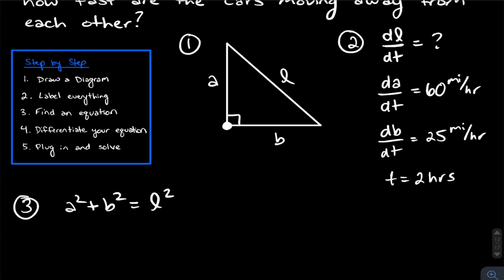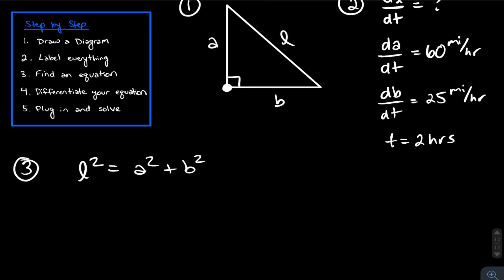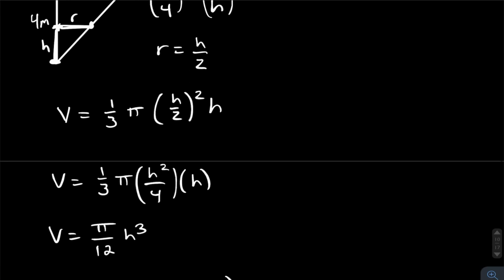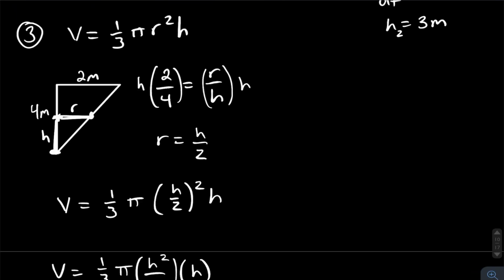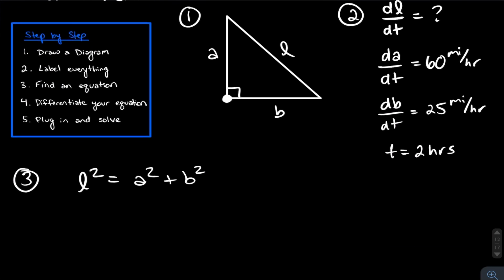So here, yes, we have two things on this side, and actually, if you want me to write this with the L squared on this side, I can do that too. Right? So yeah, we do have two things on this side, whereas last problem, I told you, okay, let's get rid of this r squared, right? Because now we again have two things.